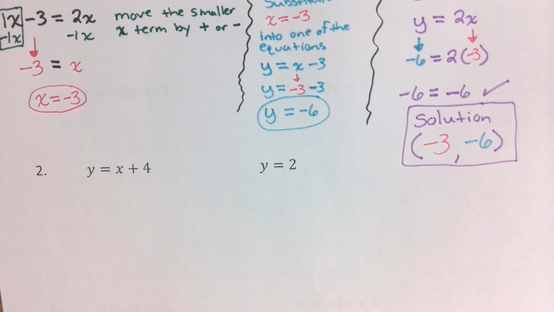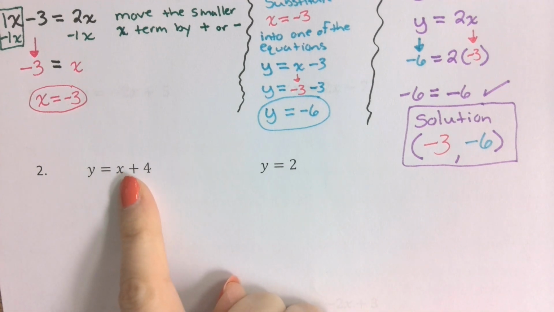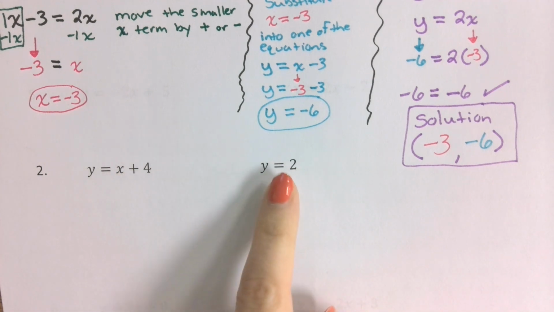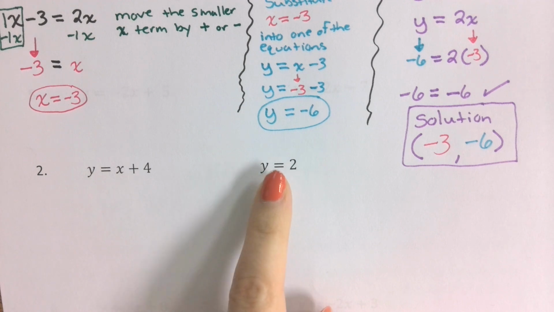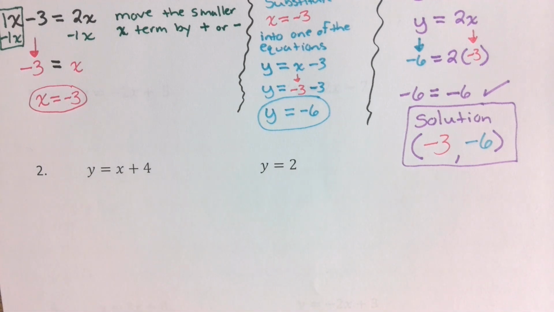Problem number 2 is a lot simpler because, yeah, we have y is equal to x plus 4, but we also have y is equal to 2. Who remembers what kind of slope it is when y is equal to a number? Is it a zero slope or an undefined slope? Which kind is it? What do you think, Divya?